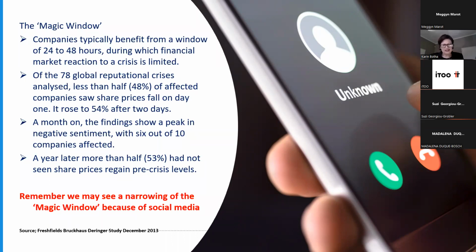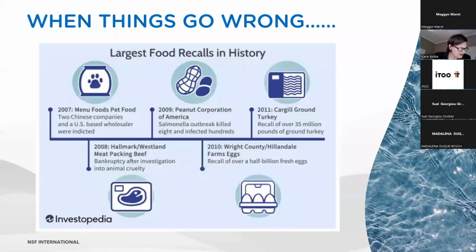Okay, so unfortunately, it didn't go well for a lot of companies. Megan, if you go to the next slide, please. There are quite a few examples of where it went very badly.